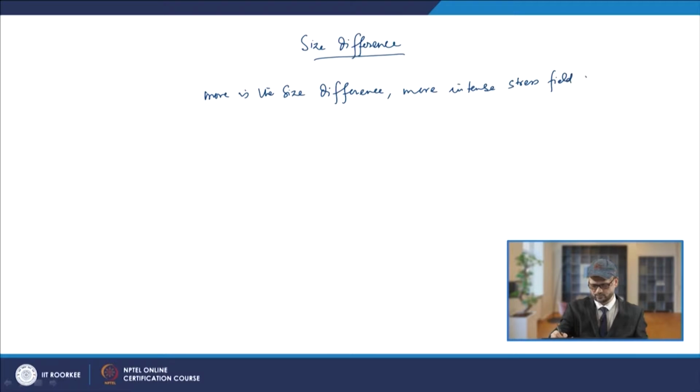The more the size difference between the solute and the solvent atoms, the more intense the stress field around the solute, and once they interact, more stress is required to move the dislocation. So that will be a stronger interaction, and more stress will be required to move the dislocation.